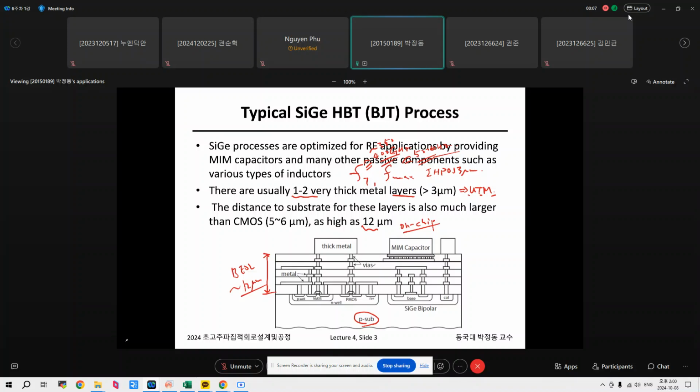Especially for D-band, right? D-band TRX, right? We need to integrate on-chip antenna, right? Since the radiation efficiency of an on-chip antenna is directly related to the thickness of the dielectric material. Why?